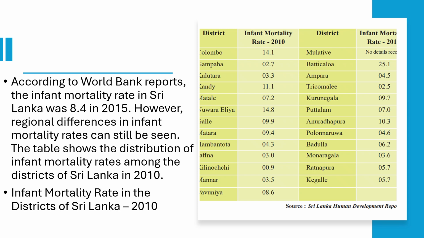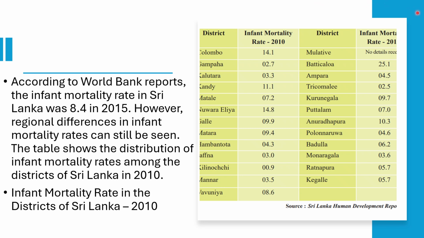According to World Bank reports, the infant mortality rate in Sri Lanka was 8.4 in 2015. However, regional differences in infant mortality rates can be seen. The table shows the distribution of infant mortality rates among districts of Sri Lanka in 2010. This is shown here in another big table.